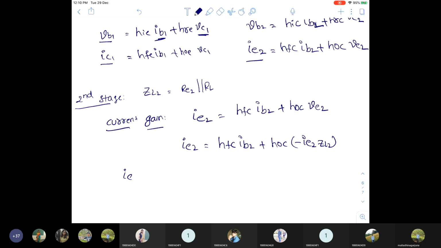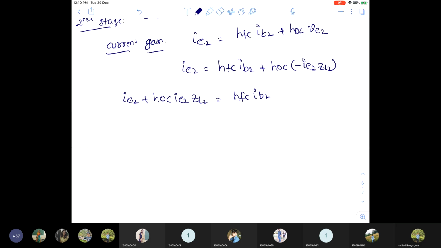So IE2 equal to HFC IB2 minus HOC IE2 ZL2, so IE2 times 1 plus HOC ZL2 equals HFC IB2. Finally, IE2 by IB2 equal to HFC by 1 plus HOC into ZL2. See, the derivations look the same.